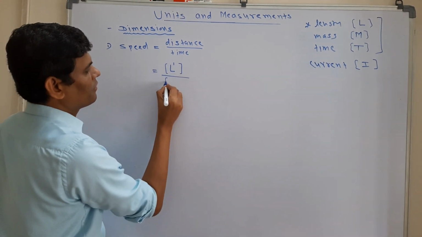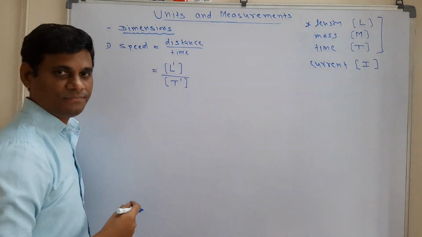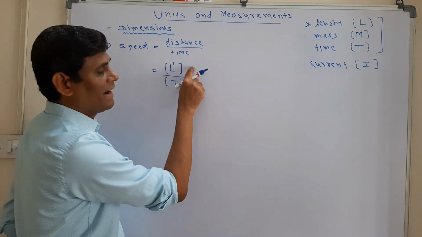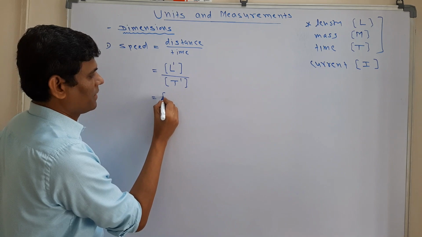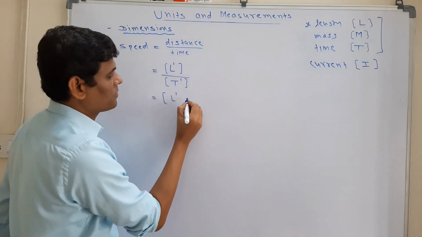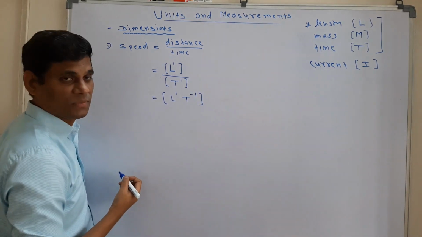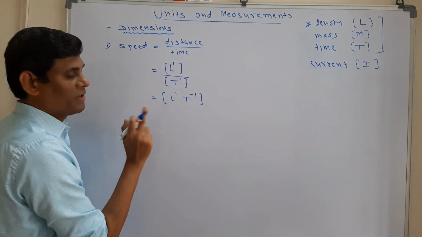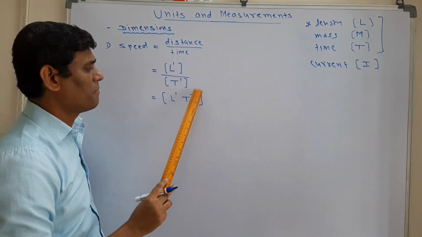Then the time symbol used is T, raised to 1. Whenever you move from denominator to numerator, we change the sign. So T raised to 1 going upward becomes T raised to -1. This is the dimension of speed. So we can say the dimension of speed is L raised to 1, T raised to -1.